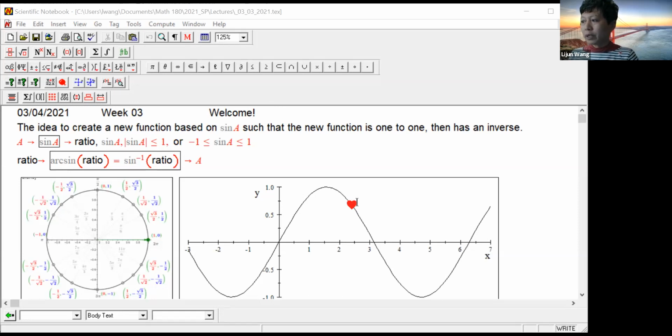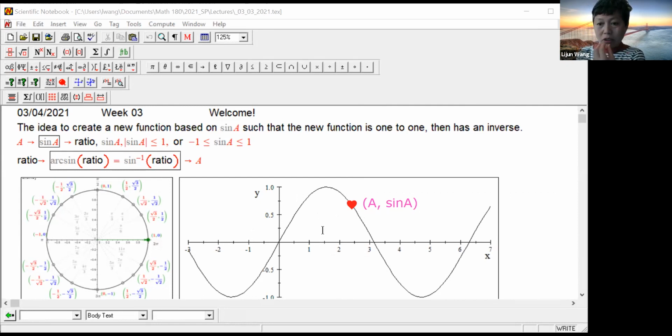How do you mark this point? The first coordinate is an angle. The second coordinate is the sine ratio for that angle. So when we swap it, we know this function doesn't have an inverse. So next we're going to create a function that has one. It is a one-to-one function, right?